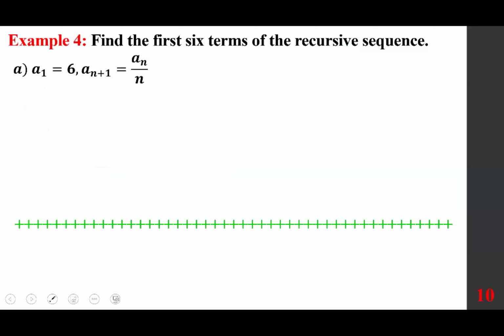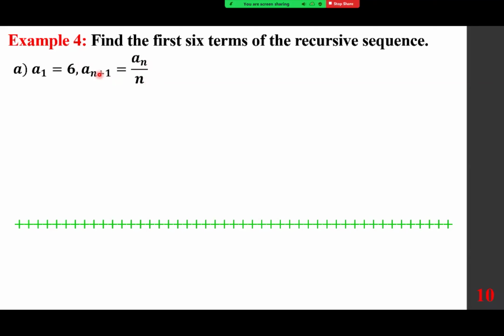Let's look at this example. We want to find the first 6 terms of the recursive sequence, where a sub 1 is given as 6, and a general term, a sub n plus 1 is a sub n divided by n, meaning if you want a term, go to the previous one, divide by n. So a sub 1 is 6.